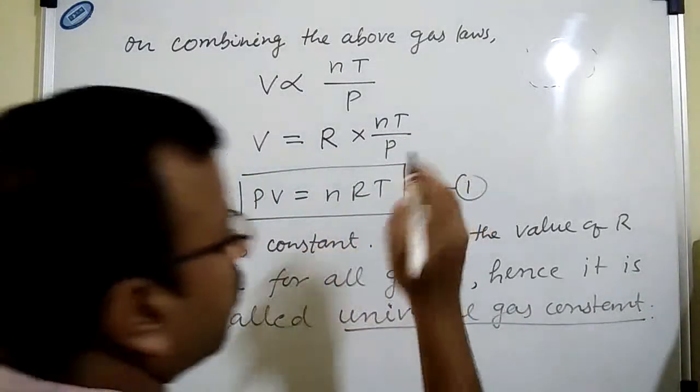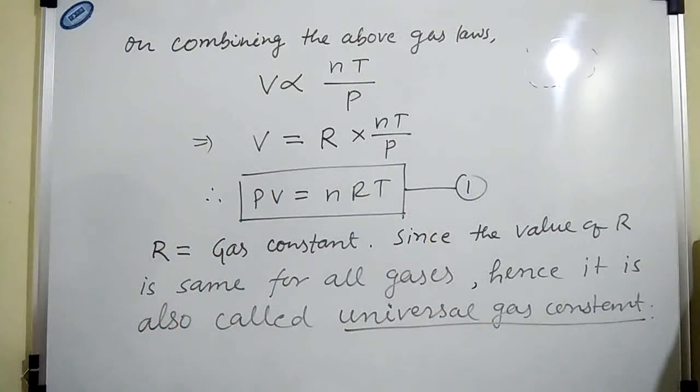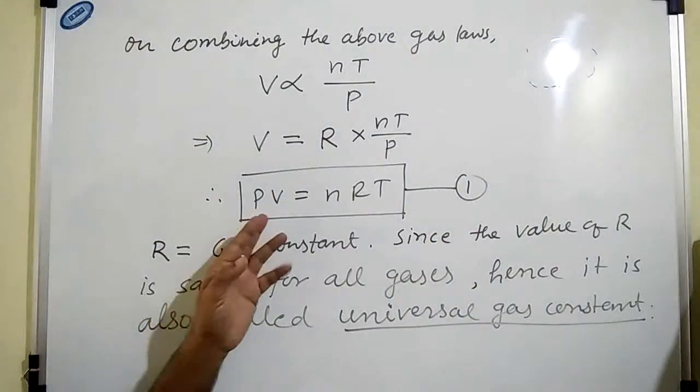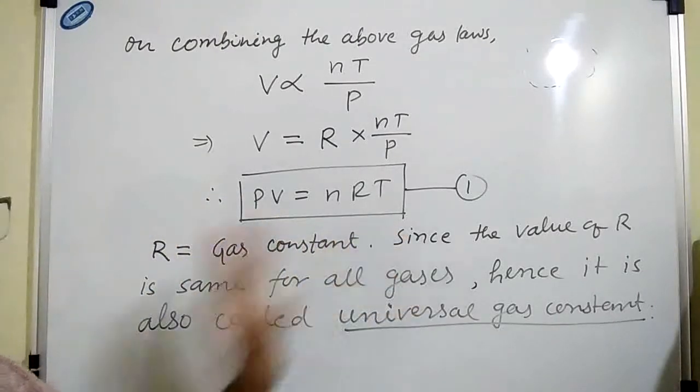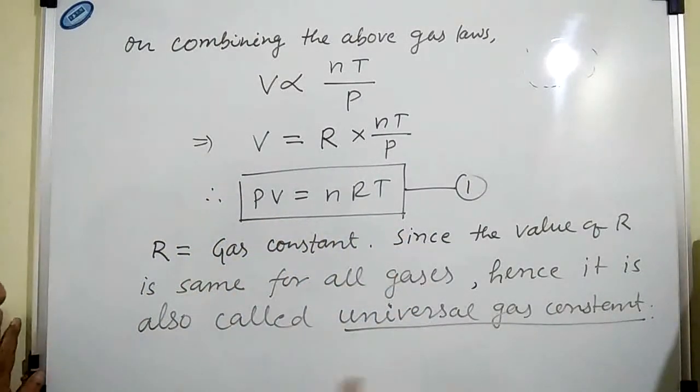Now, what is equation 1? Equation 1 is called the ideal gas equation. It means an ideal gas follows this equation.